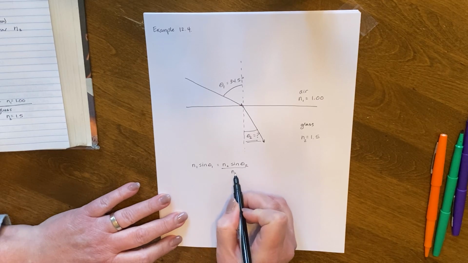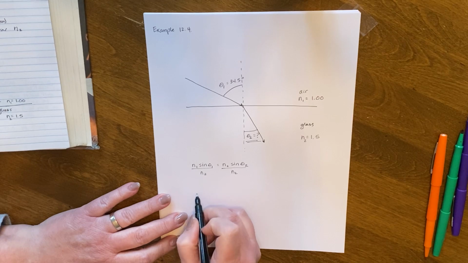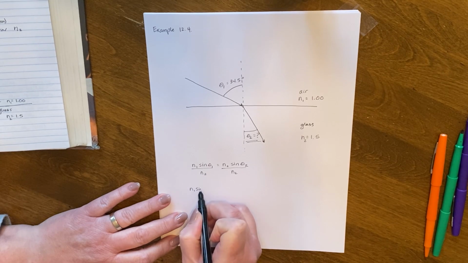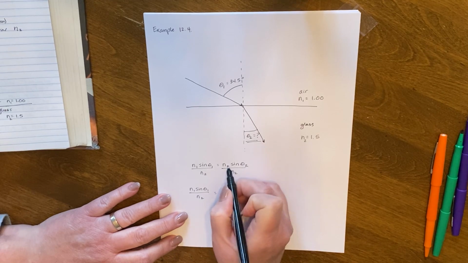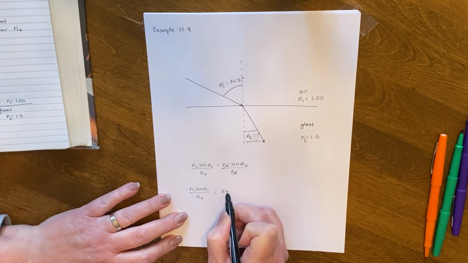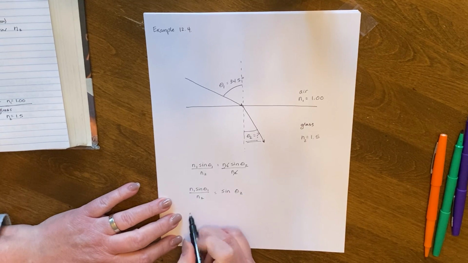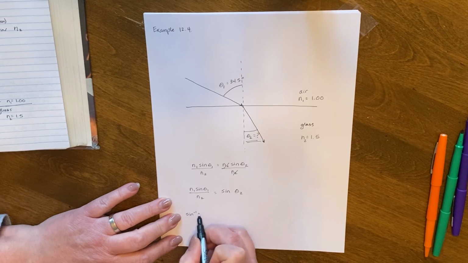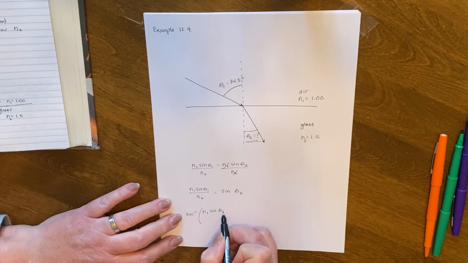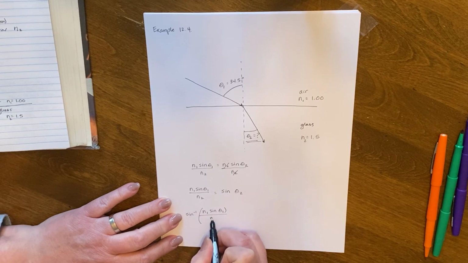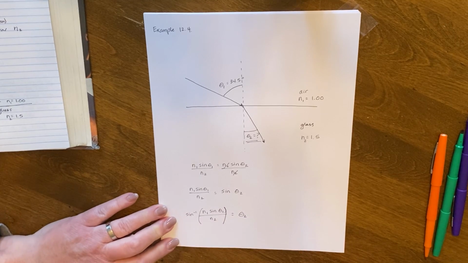The first thing we would do is divide both sides by n2. Then I would have n1 sine theta 1 over n2. These two things would cancel out, and I would have sine theta 2. So then I would take the inverse sine of all this, and that is theta 2.